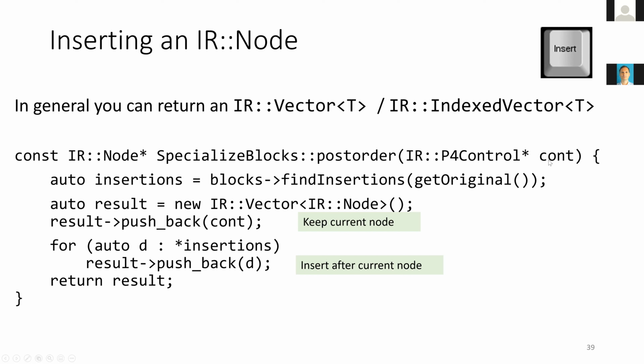So I have a control, I did some analysis, and I want to create some new global declarations. So now the way to insert those declarations before the control is to create a vector, insert the control, and then add all the declarations that we want to insert. Actually, the way this code is written, they will be inserted after the control. But if you swap the pushback of the control with the for loop, you will get them before the control. And returning a vector will actually cause all these objects to be inserted before or after the current object.